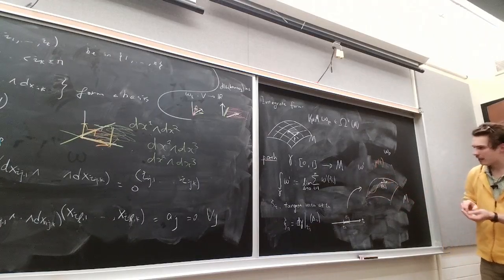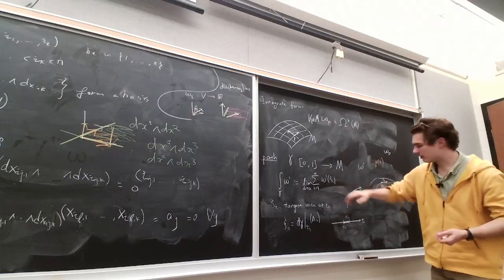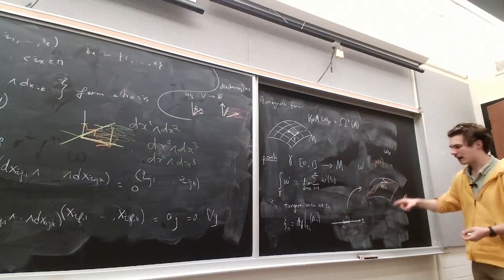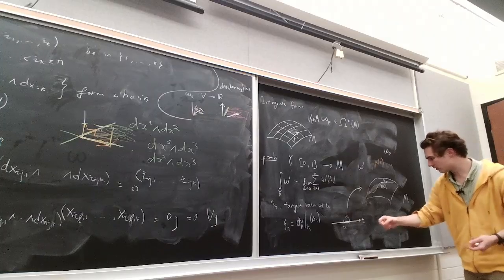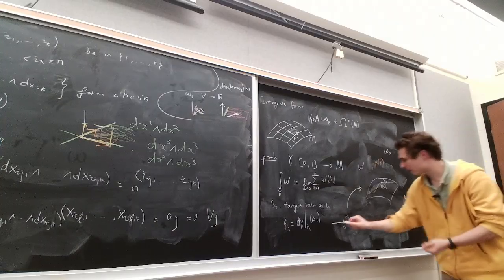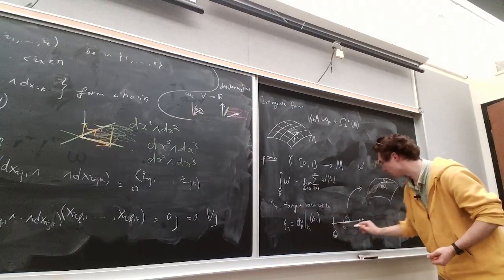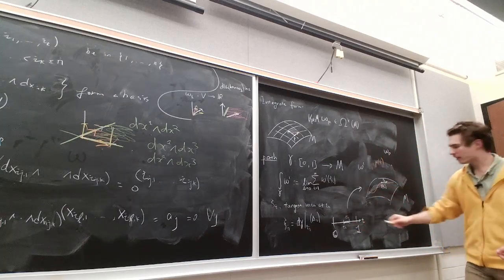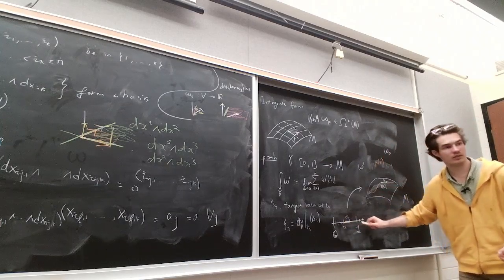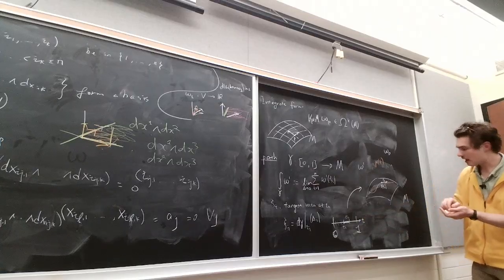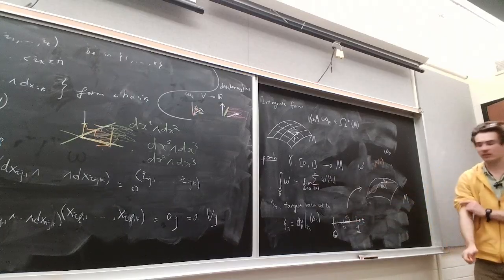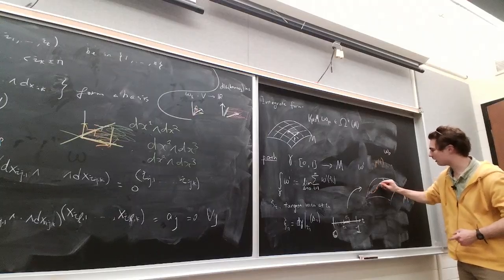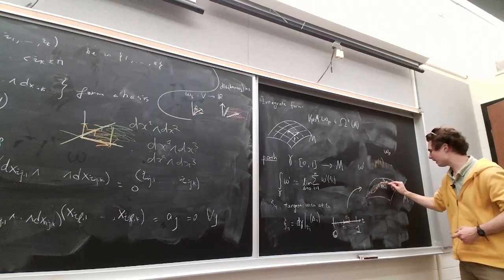Then, instead of splitting up this line, I have this very nice parametrization, say from 0 to 1. Now let's, instead of chopping up the line, chop up the parametrization into little delta t's. If I chop up the parametrization into little delta t's, this will also chop up the line into different line segments as well.